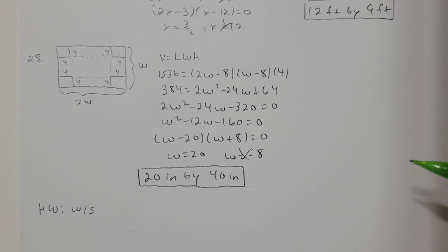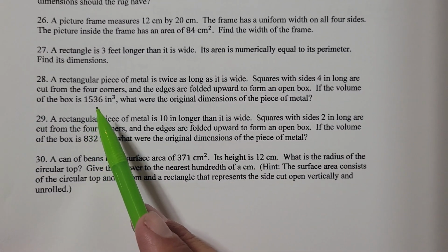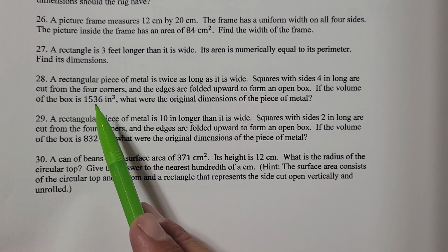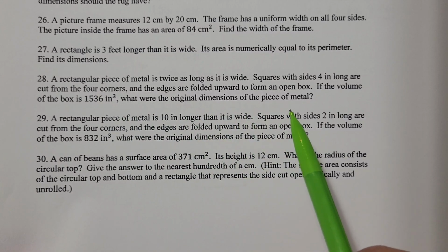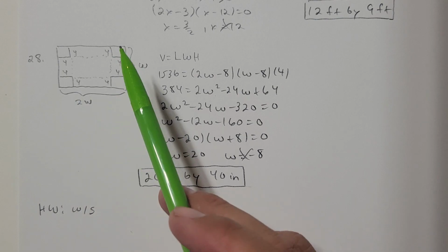Now, they said that the volume of the box, when we remove the 4 corners and fold this upward, is 1,536 cubic inches. What were the original dimensions of the piece of metal? So I need to know W and 2W.